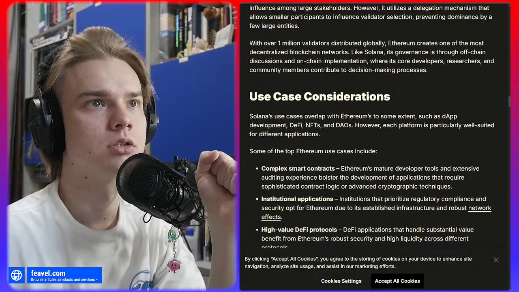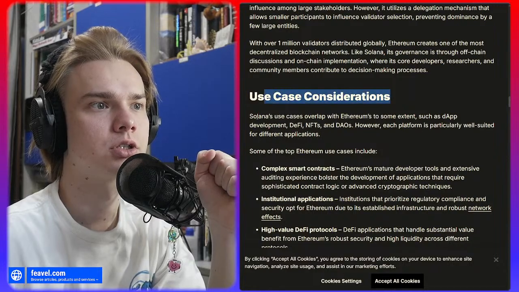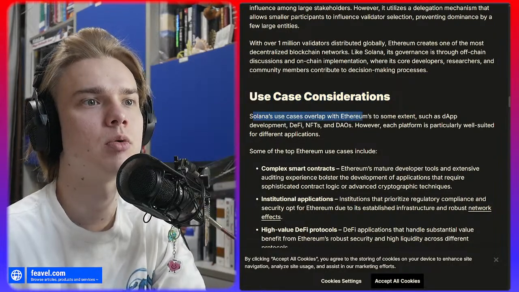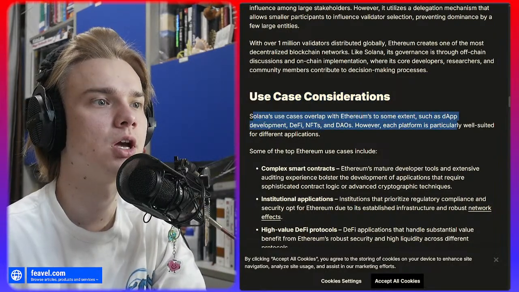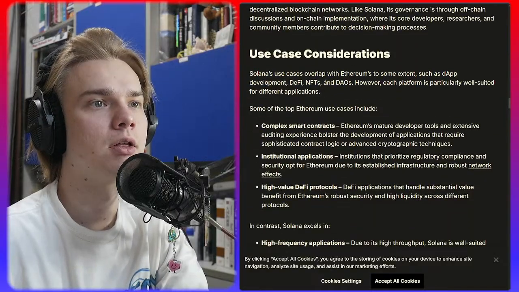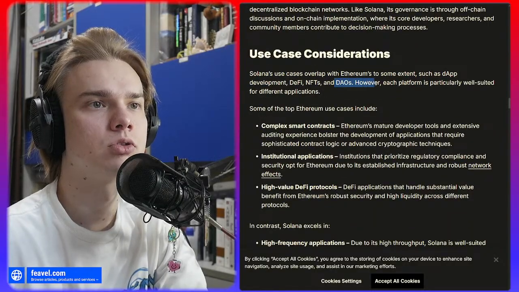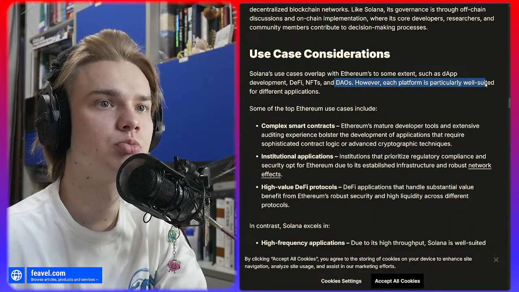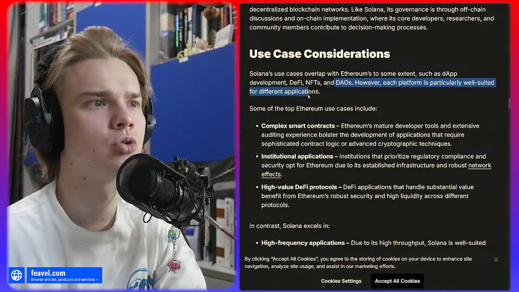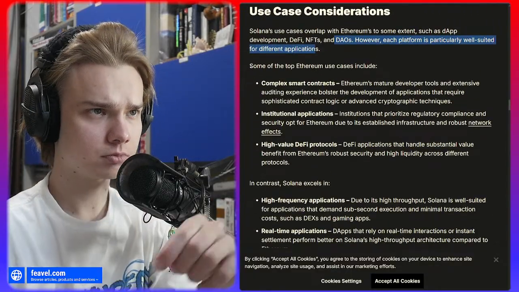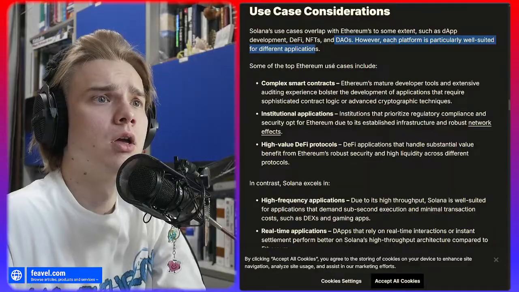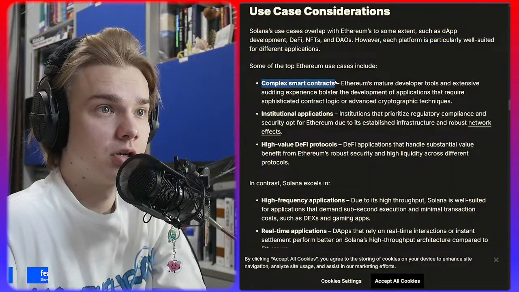Centralization concerns. Use case considerations. Solana's use cases overlap with ETH to some extent, such as dApp development, DeFi, NFTs, and DAOs. However, each platform is particularly well suited for different applications. Some of the top ETH use cases include complex smart contracts.